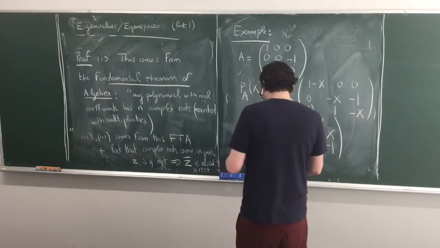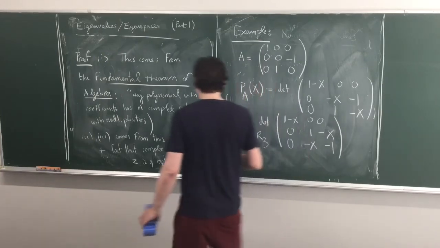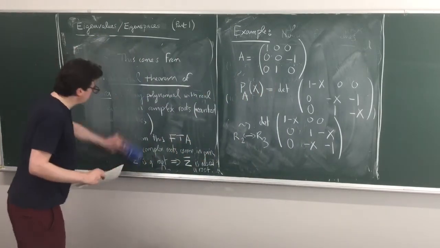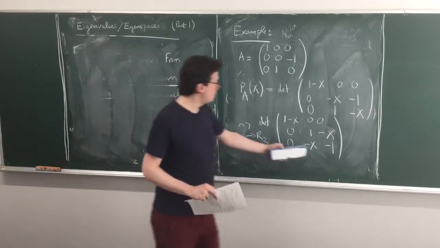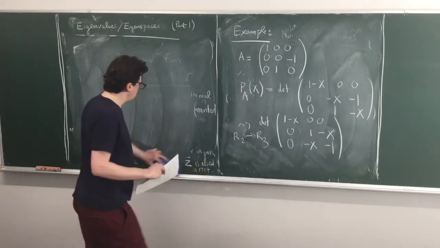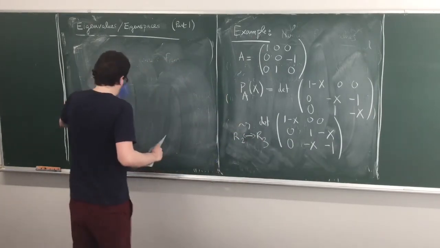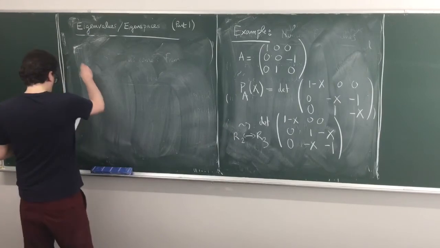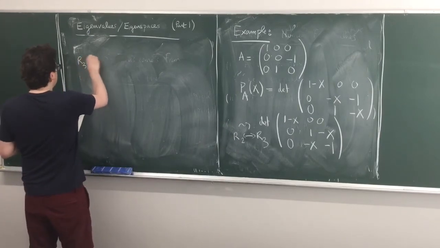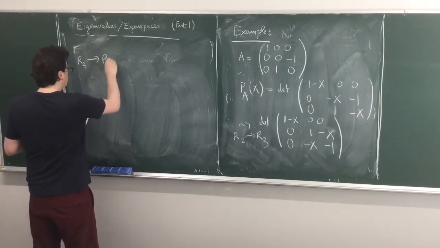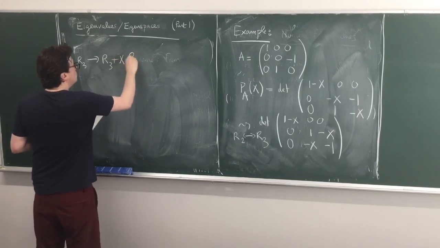Then after that, I will use my pivot to put a 0 in this row. How to do this? I'm just going to modify row 3, and I will do row 3 plus x times row 2.